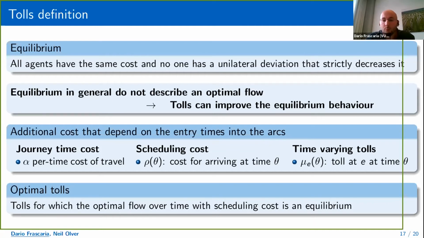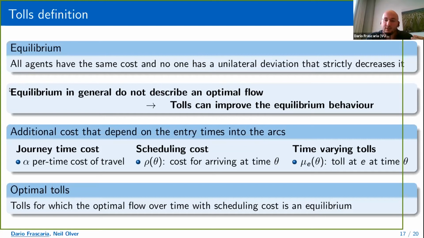So to improve the equilibrium behavior, we need flexible tolls, tolls that change over time, because if the tolls are fixed, then the equilibrium behavior is still very inefficient.